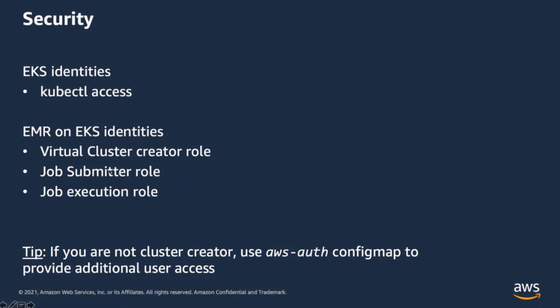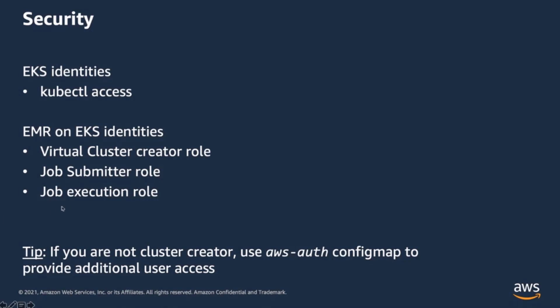Then you have the EMR and EKS identities. This is the IAM role that was used to create the virtual cluster. Then you have the IAM role with which you submit the job, the one where you hit the StartJobRun API provided by the EMR on EKS service.